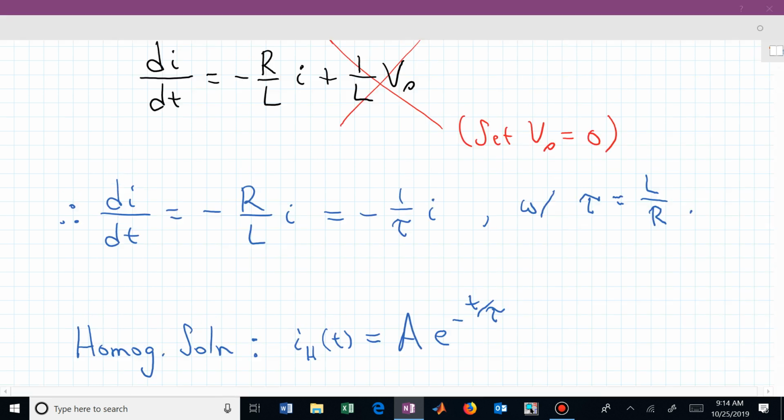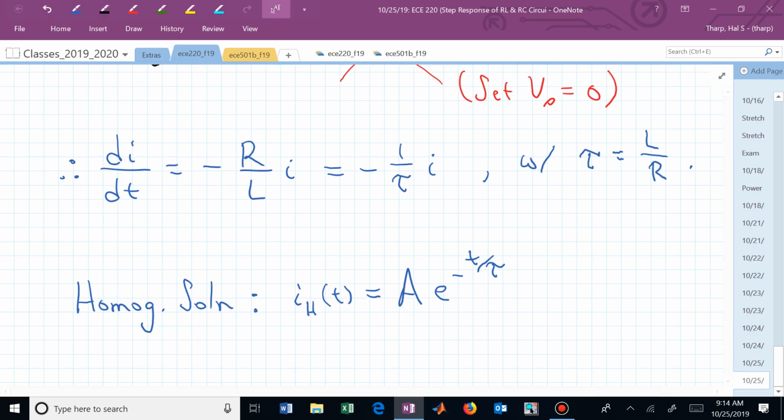And what we want to keep in mind now is we can find the tau, we know what that is, but we don't want to yet find the constant A. We want to wait until step 3 to determine what A is actually going to be.